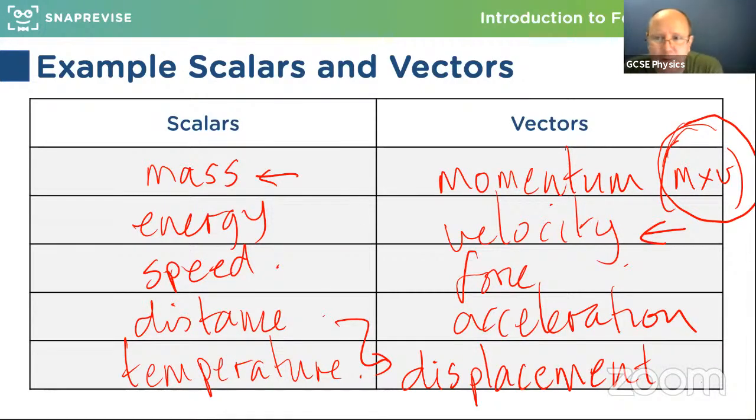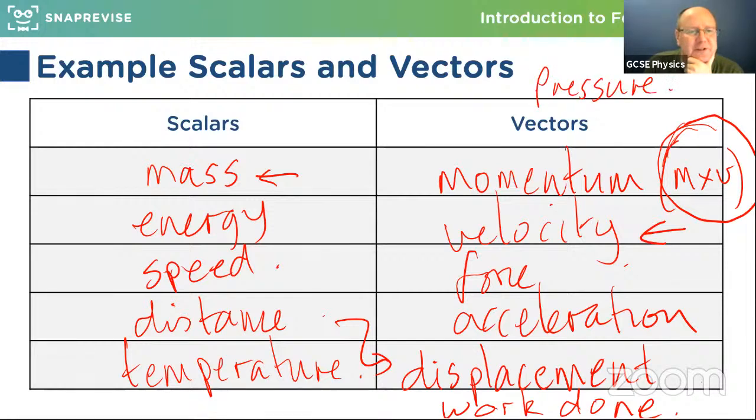Work done is force times distance, so work done would be a vector quantity. You do work in a specific direction, and for work done, that direction is the direction of application of the force. Pressure, force divided by area. So yeah, pressure, we could go on. Pressure, force divided by area, so that would be vector. Pressure has a direction, usually normal to the surface of a container.